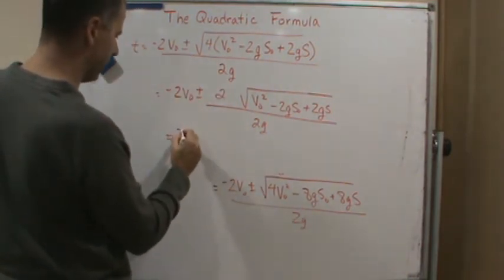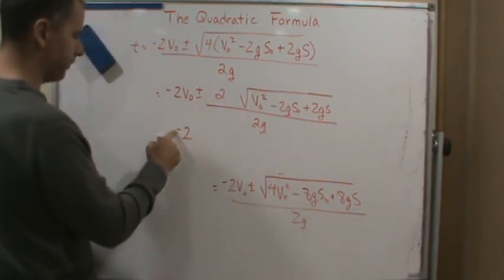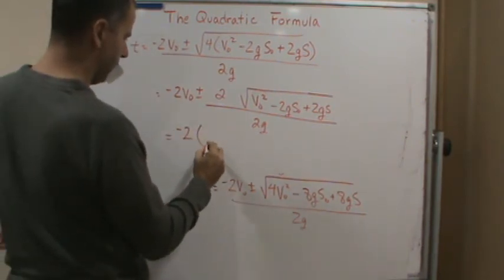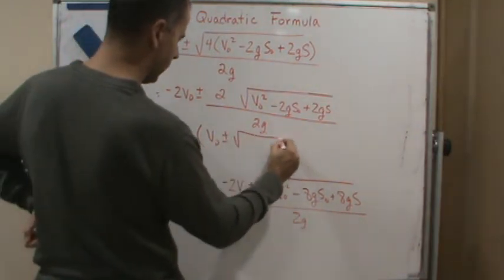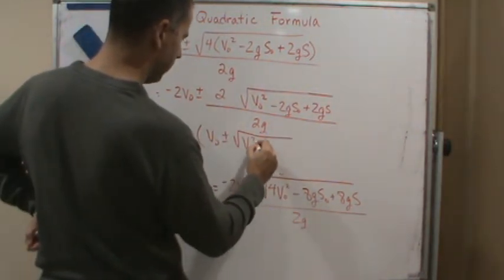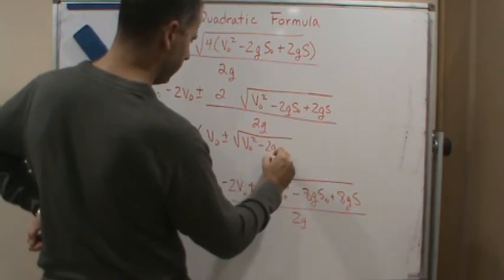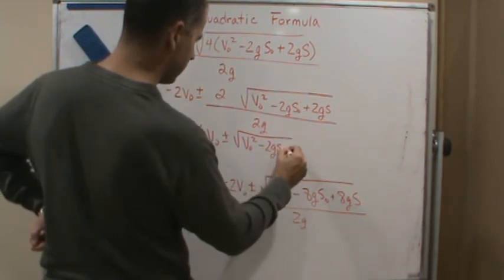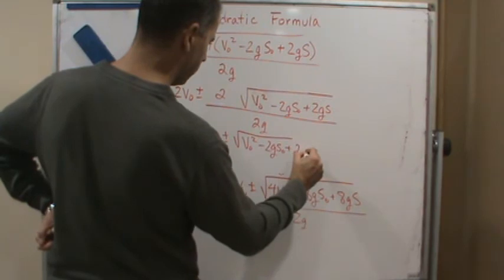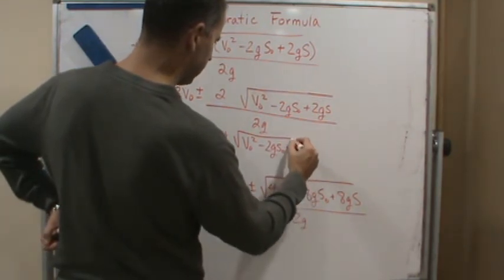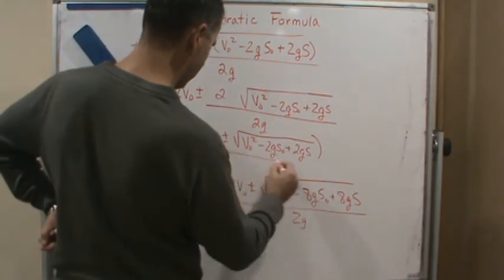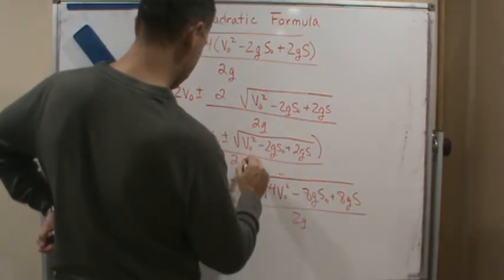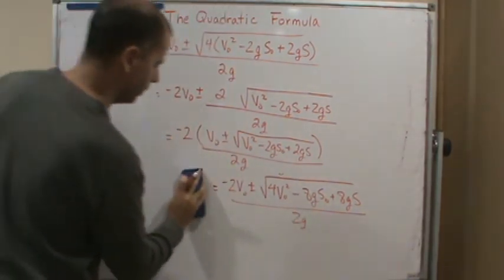So if I factor out a negative 2, that's going to give me v naught plus or minus the square root of v naught squared minus 2g s naught plus 2g s, over 2g, right?